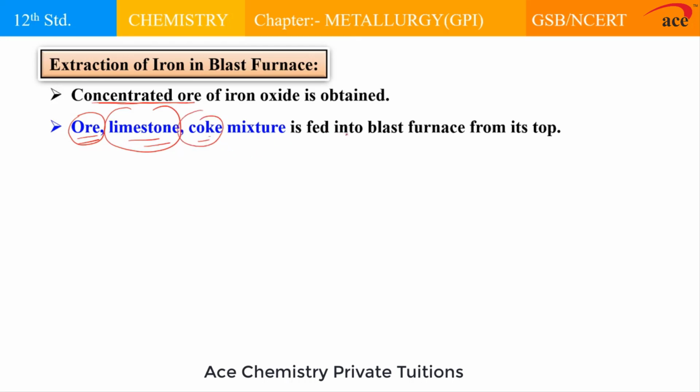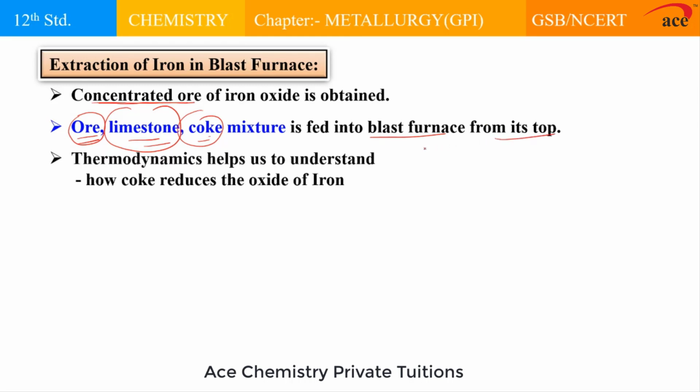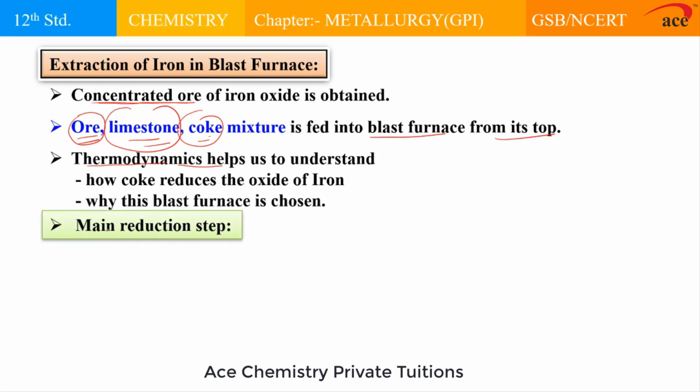This mixture is fed into the blast furnace from its top through the cup and cone arrangement, and by selecting the reducing agent on the principle of thermodynamics, that is the Ellingham diagram, the main reduction steps involve coke. We are taking the powdered form of the coke, so this coke is acting as a reducing agent.